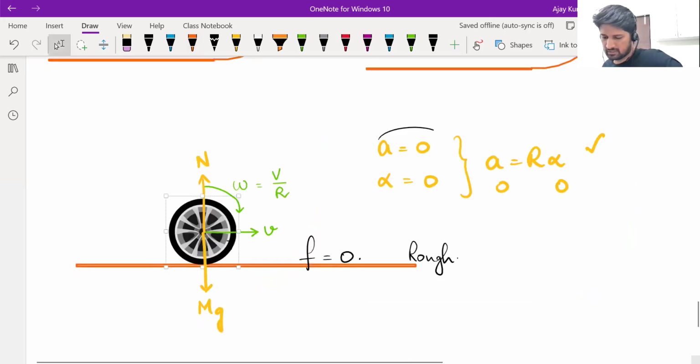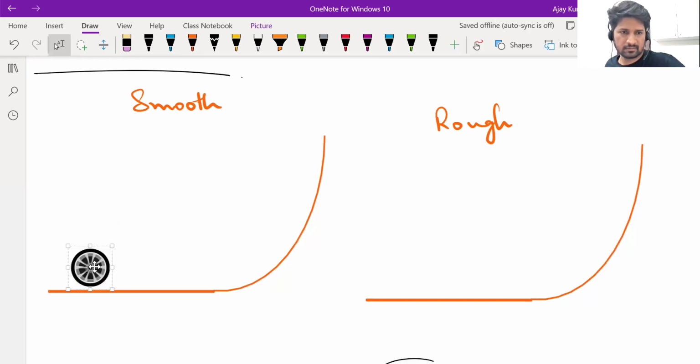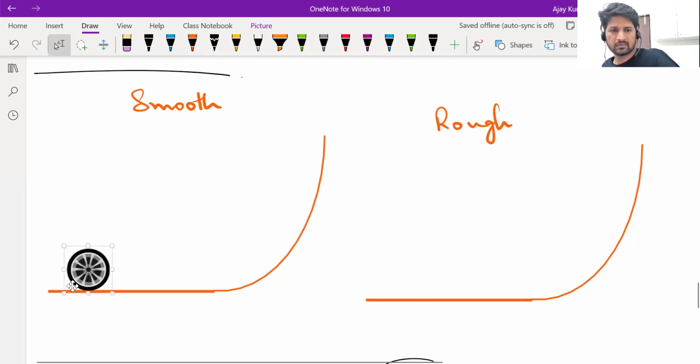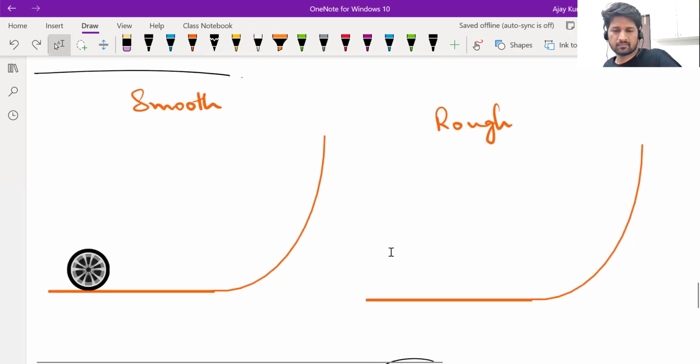Now imagine this wheel is set into rolling motion on these tracks. On both tracks, it is initially in pure rolling.